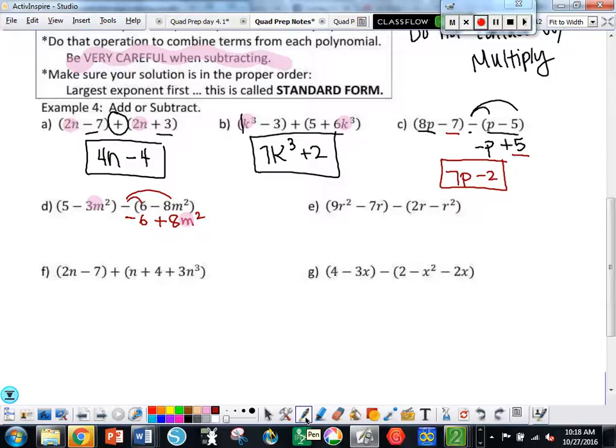You combine those, what do you get? 5m squared. And then what? Minus 1? Minus 7.